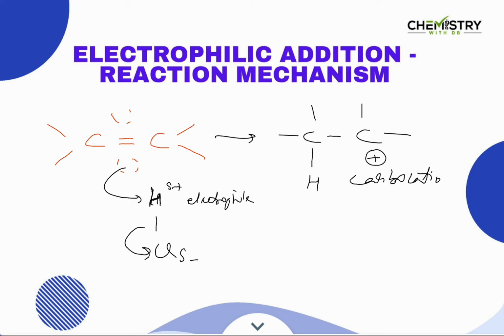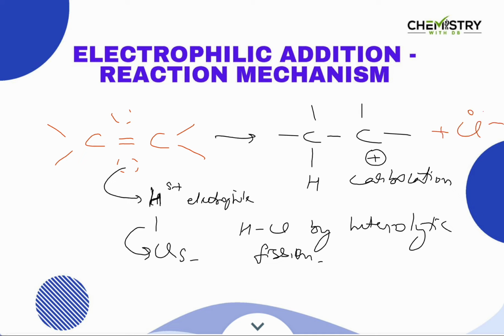Another thing that happens is that the HCl bond breaks by heterolytic fission, in which the bond breaks and chlorine takes both the electrons. As a result, chlorine becomes a chloride ion. This chloride ion is negatively charged, and this is a carbocation which is positively charged.